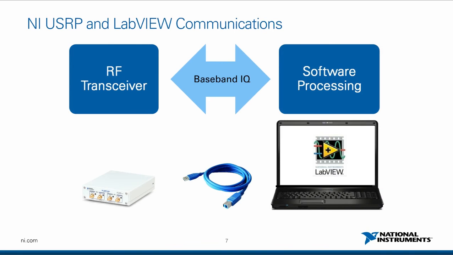NI has had USRP hardware since 2010, but in the last year we've made huge advancements in this area, in the form of new hardware devices designed specifically for teaching, which cost less than half of the previous models, and LabVIEW Communications, a new version of LabVIEW designed specifically for making modern communication systems.